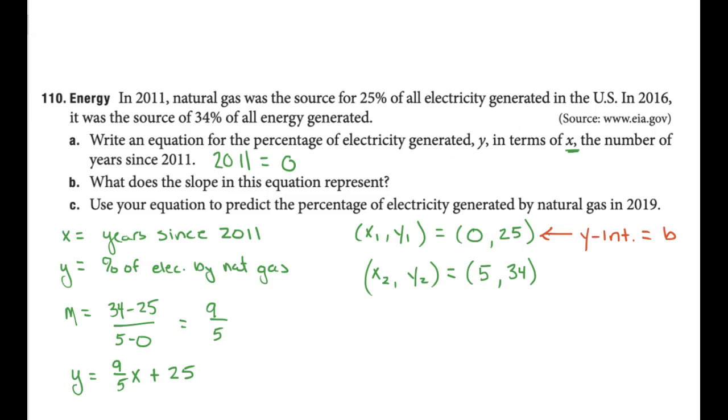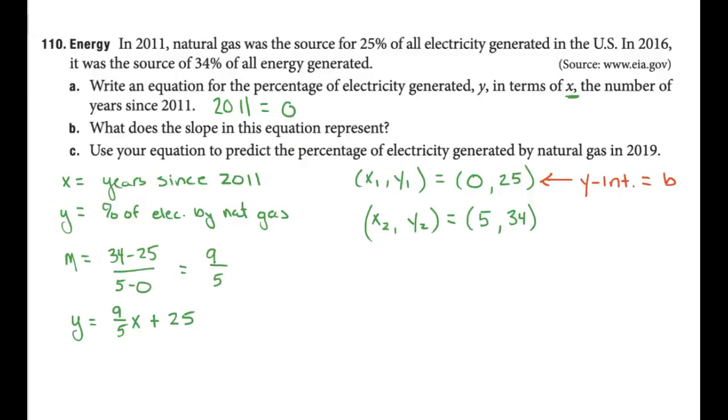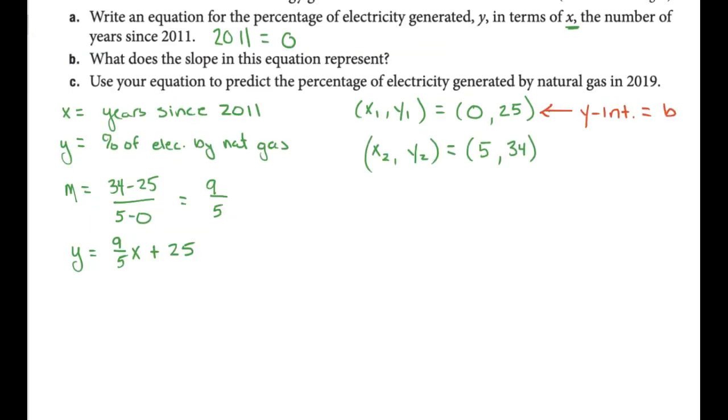Okay. So that was a pretty simple problem because they gave us the zero situation. So I'm going to go down just a little bit more here. What does the slope in this equation represent? Well, the slope represents m, so this is letter B. This was all A right here. For B, the slope represents the percent increase.